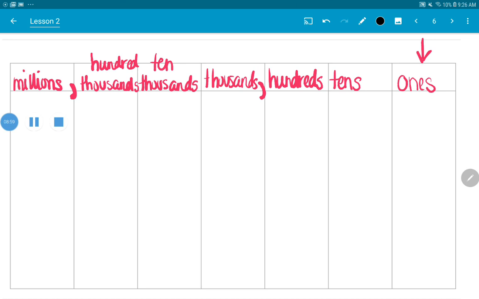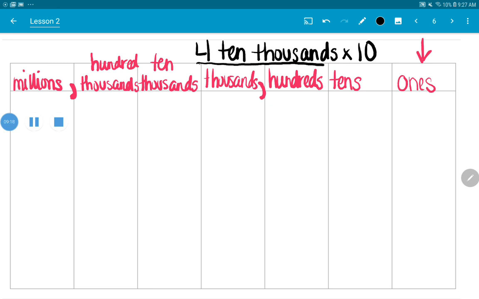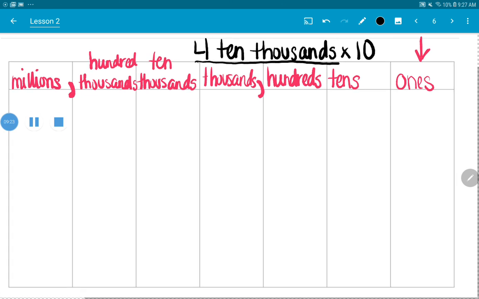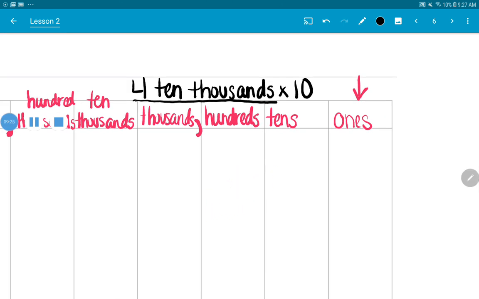We're going to show 4 10,000s times 10. So where am I going to put my 4 10,000s on my place value chart? In the 10,000s place value, I'm going to put 4.